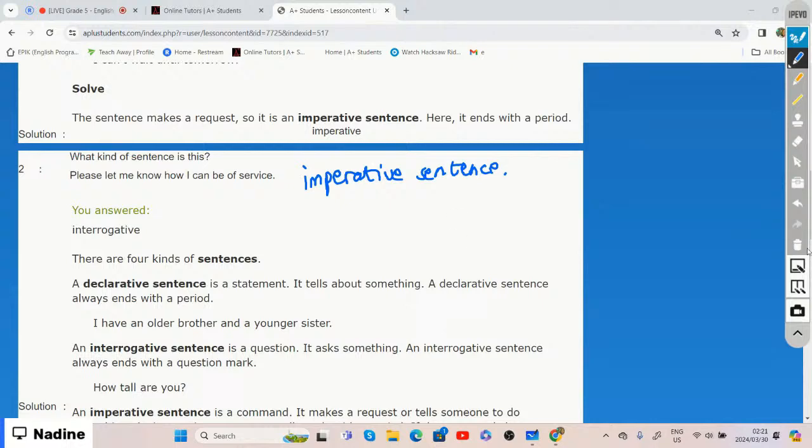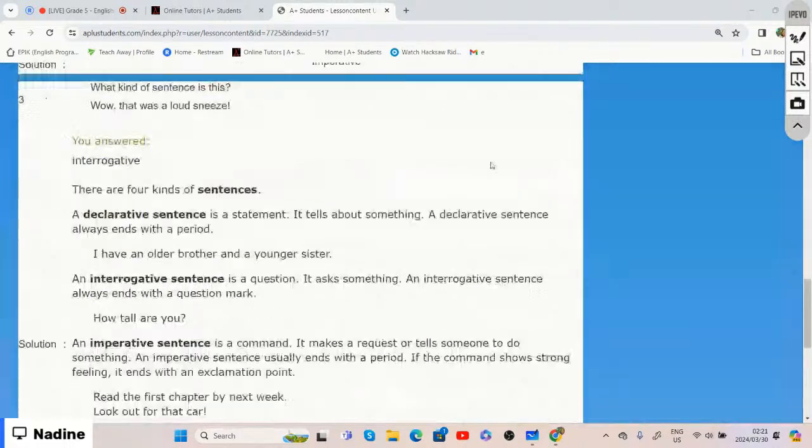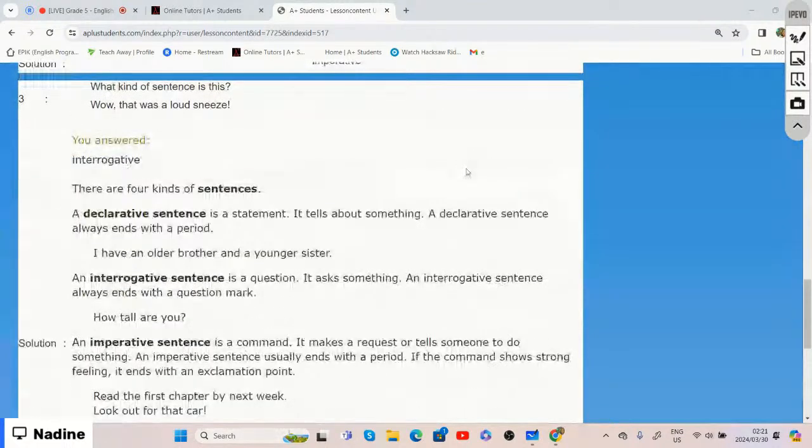All right. If we look at the next one, what kind of sentence is this? It says, wow, that was a loud sneeze. We need to say what kind of sentence that is.